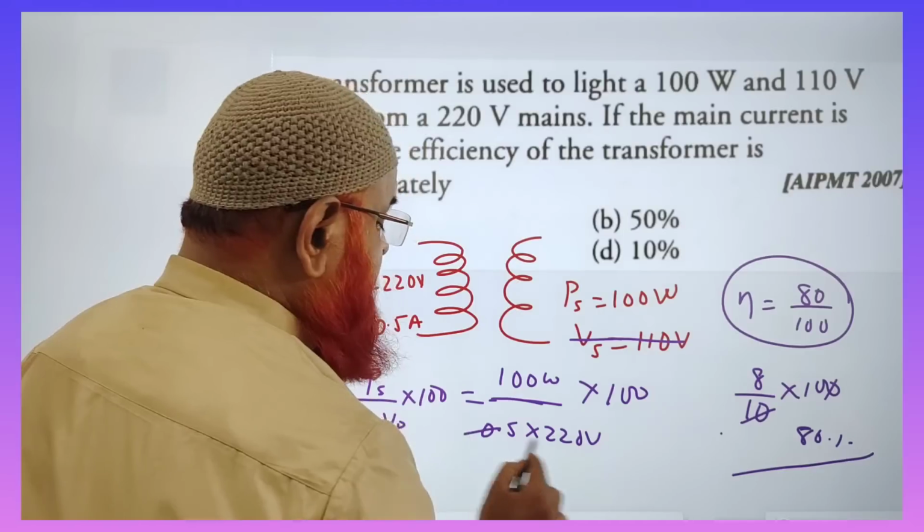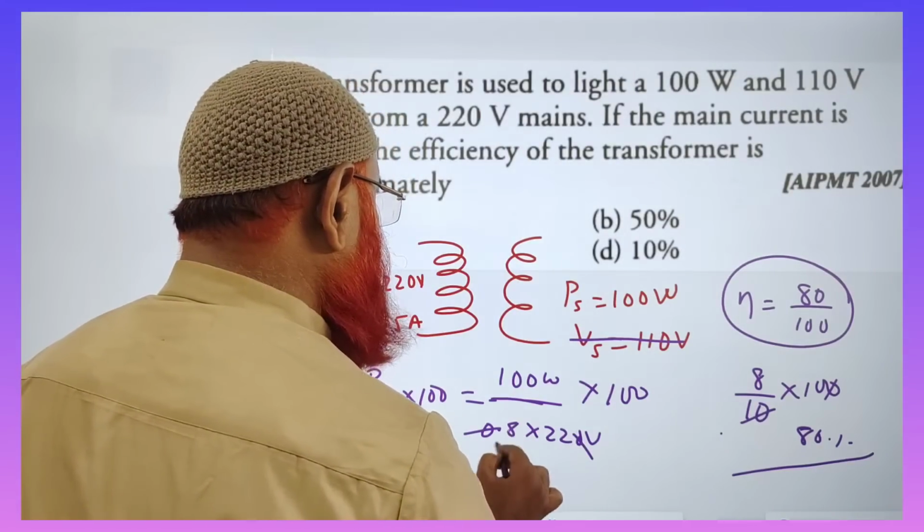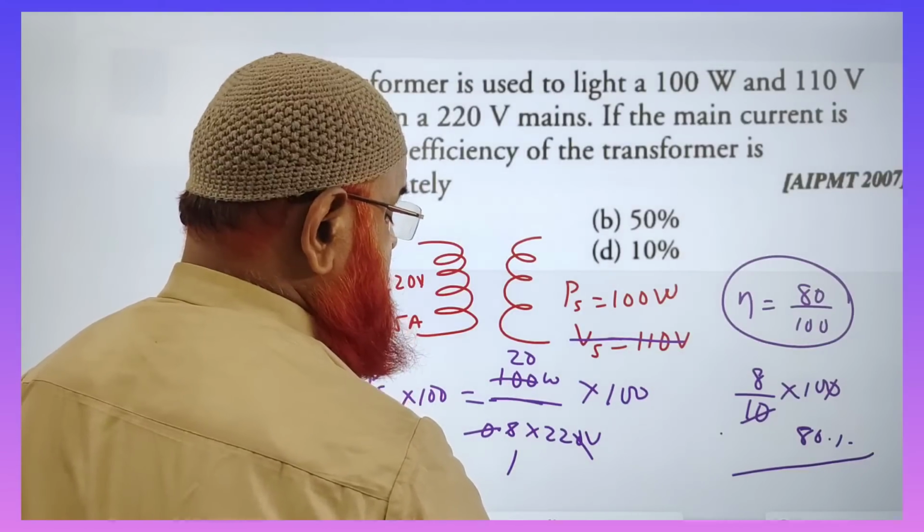इसमें से पॉइंट चला गया, ये 0 हट गया. What's going to happen now? 5 ones, 5 twos are 10.